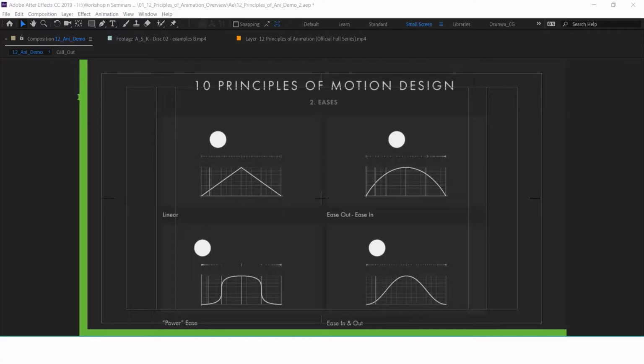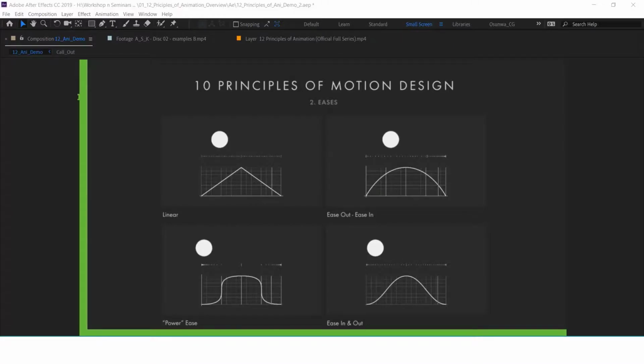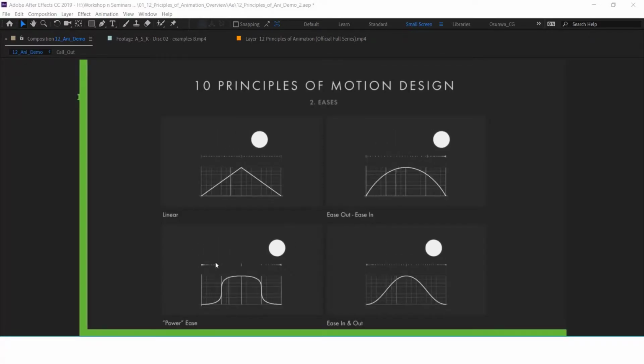So it just goes evenly all through, like linear, it's just linear, as opposed to the one called power ease. So here there are plenty of frames arranged very close to each other at the beginning.